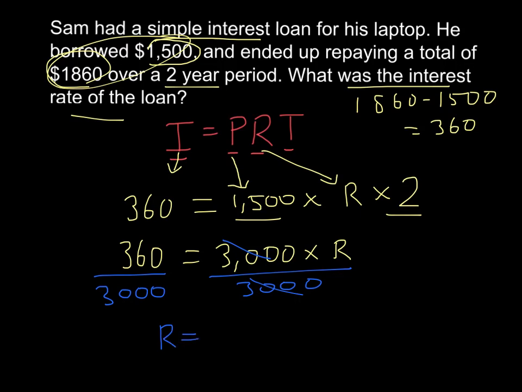So, using my calculator, 360 divided by 3,000 is equal to 0.12. Our interest rate needs to be expressed as a percentage though, so to turn it into percentage per 100, we need to times that by 100. So our interest rate was 12%.